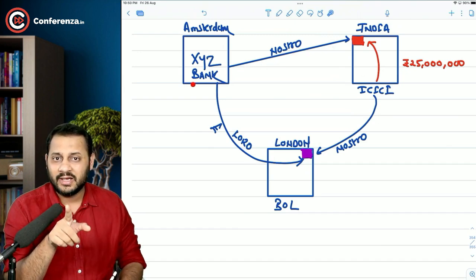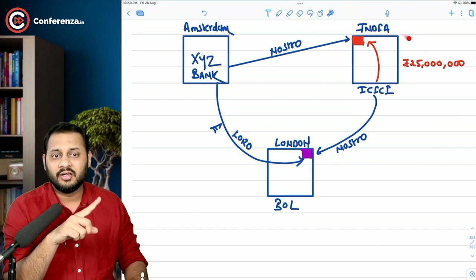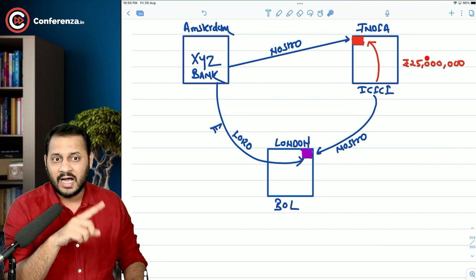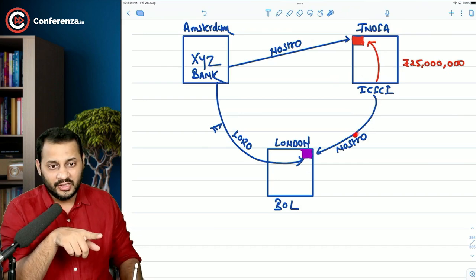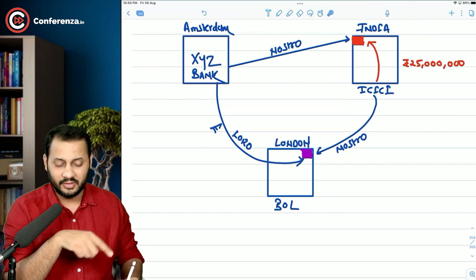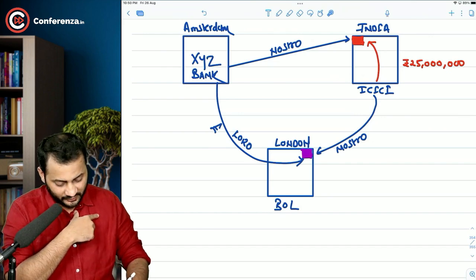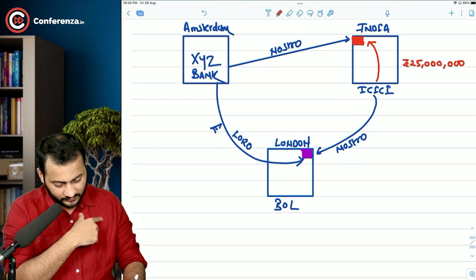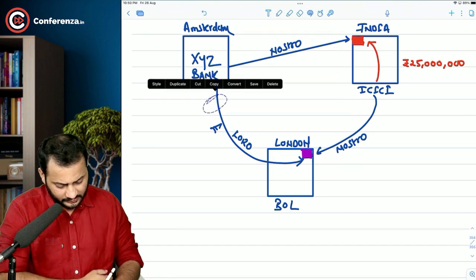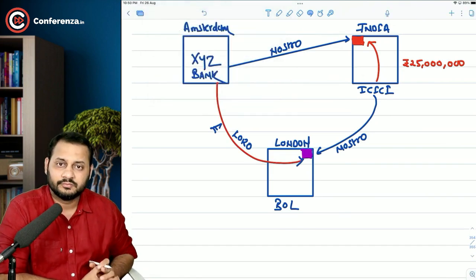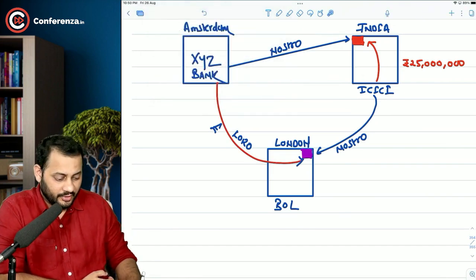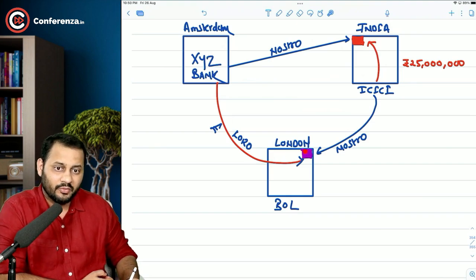So XYZ Bank said that in return I will give you pounds, and that too in your account at Bank of London. So in return, XYZ Bank credited pound in this account.